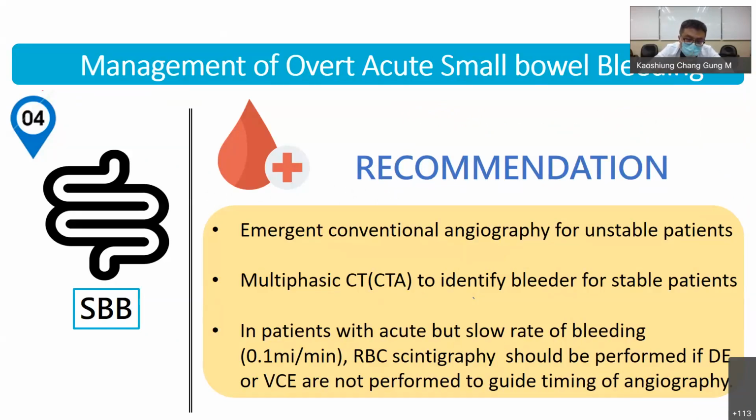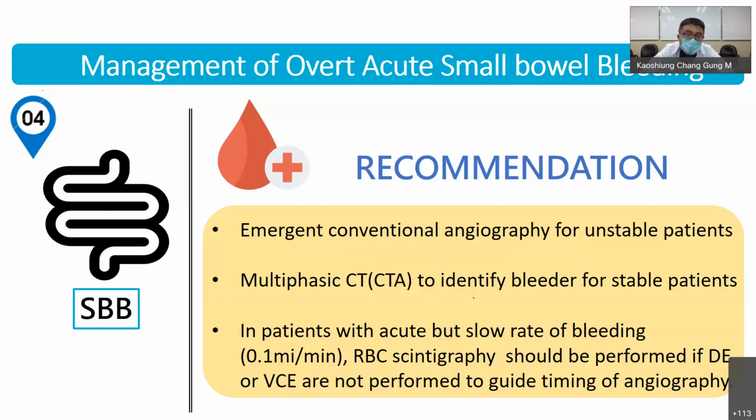If patients have large amount of overt and life-threatening small bowel bleeding, the first line management and diagnostic tool is CT angiography. Okay, we can do the multi-phase CTA to identify the bleeder and do the emergency angiography for unstable patients.